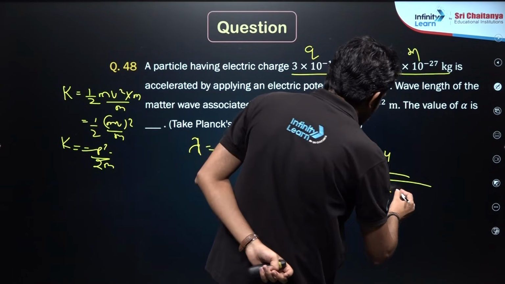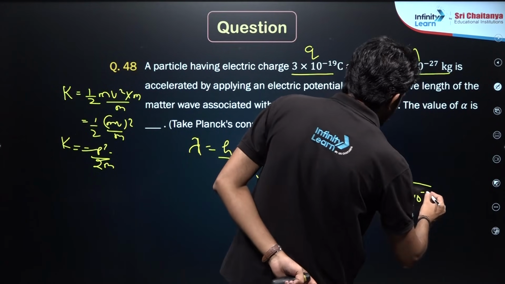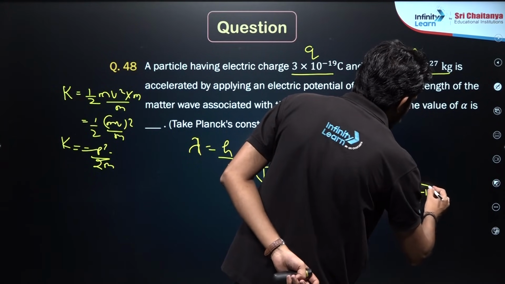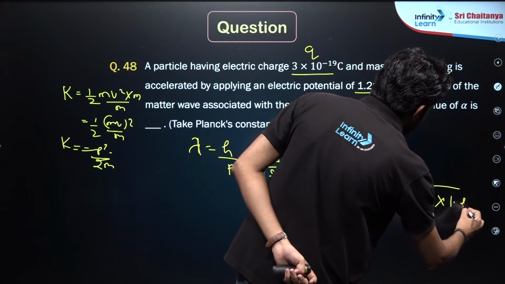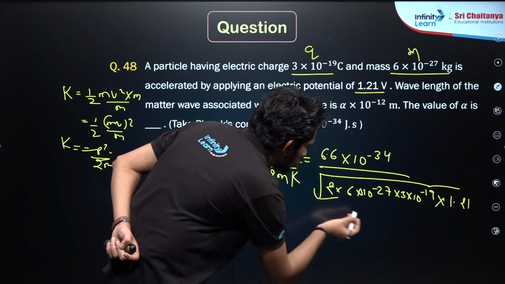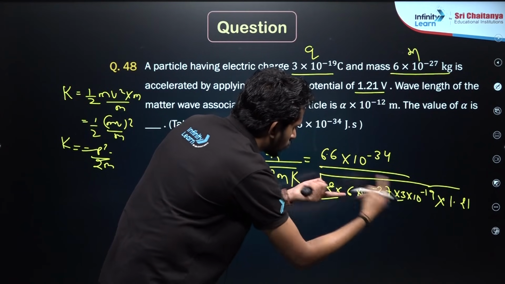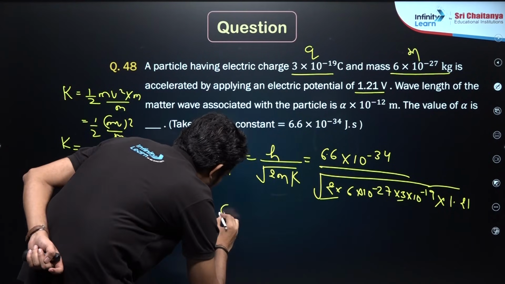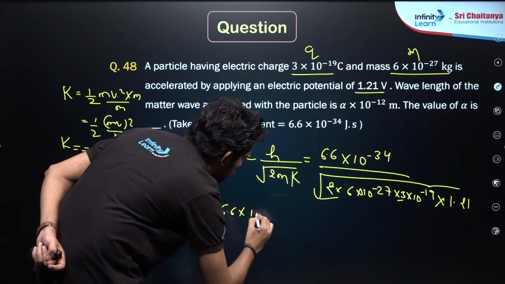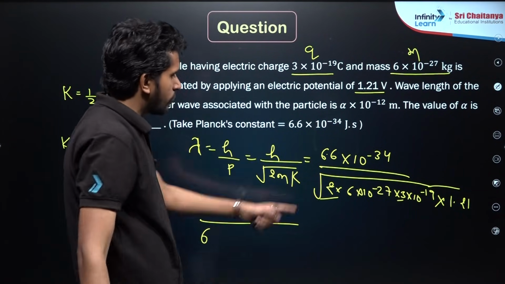Q is the charge, that is 3 into 10 raised to minus 19, into voltage, that is 1.21. Now 2 3s are 6. We have 2 3s are 6 and 6 twice. So 6.6 into 10 raised to minus 34 and 6 is outside of the root.